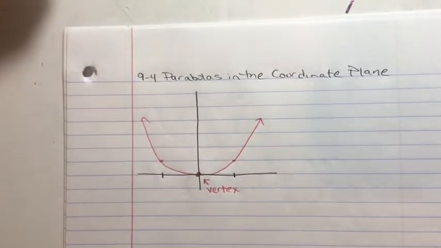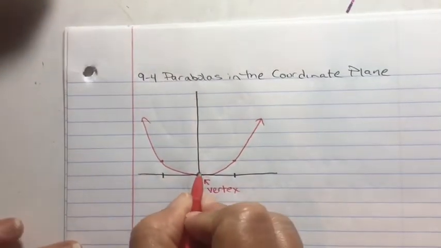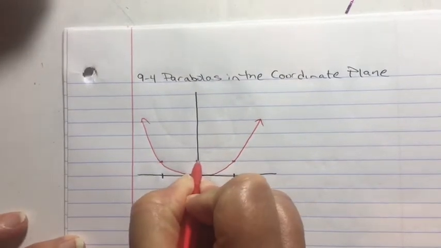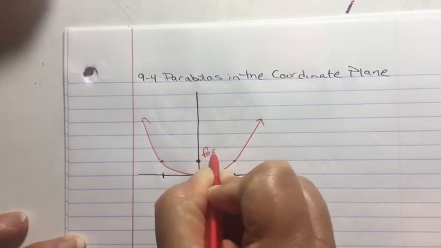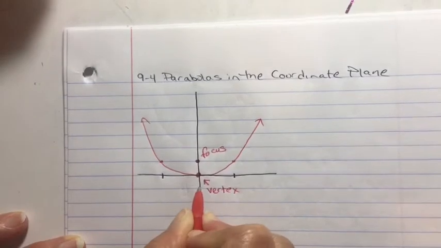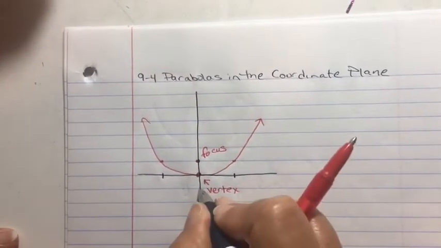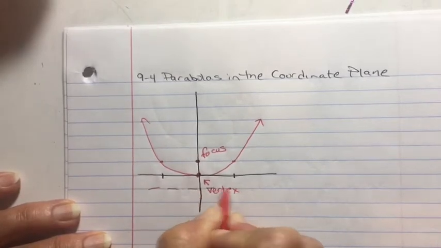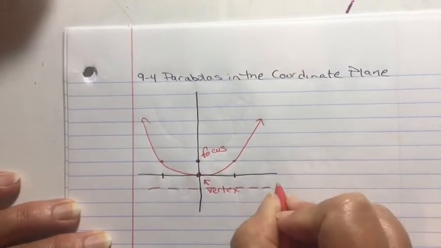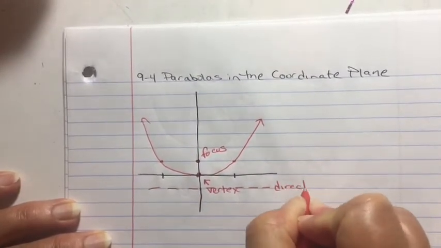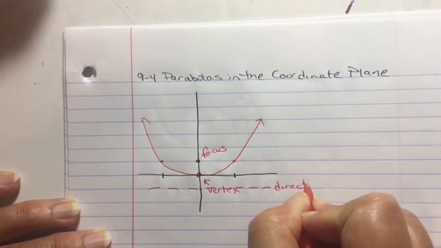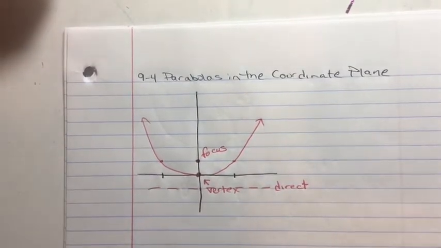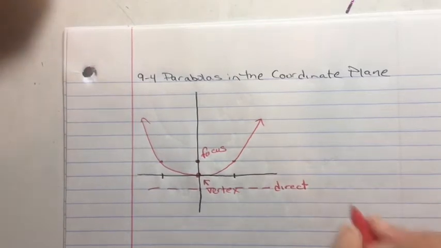Now, if you did it like mine and you used notebook paper, this one line up will be another point, and that point is called the focus. And then the same distance below it will be a line, and the line is going to be called the directrix. Let's check on the spelling there. I think it's R-I-X.